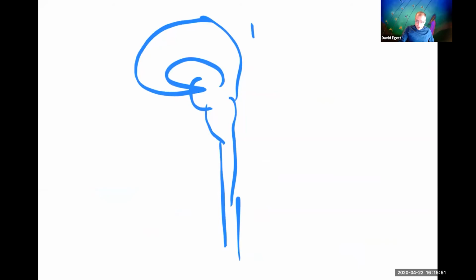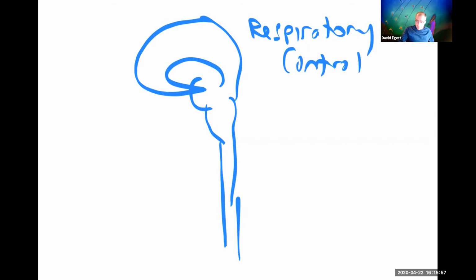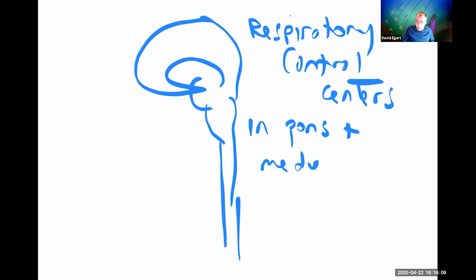So, respiratory control. I am not going to get into the nitty-gritty details of this. I'm going to say in the pons and the medulla, mainly driven by CO2 levels.